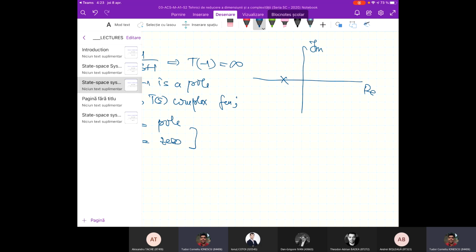You cannot do a Laurent series in this part where the pole exists. You cannot do it here, because you have this discontinuity.